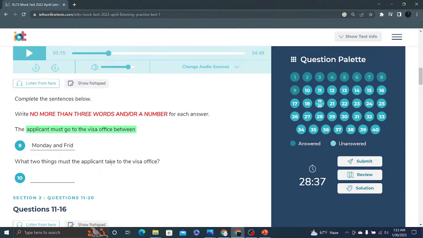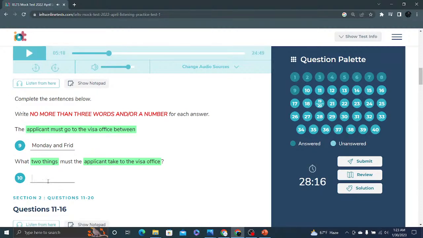Okay, what 2 things must the applicant take to the visa office? Let's listen to it. We close at 5:30. And bring along 2 passport size photos and your passport, of course.